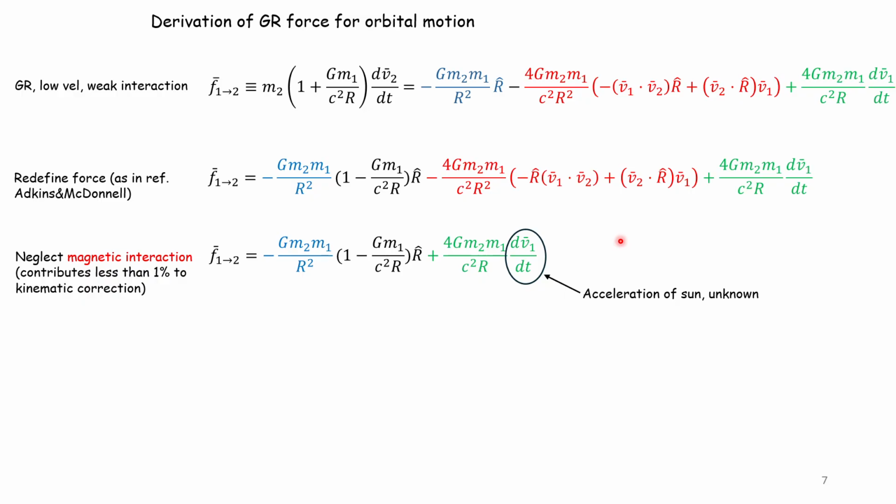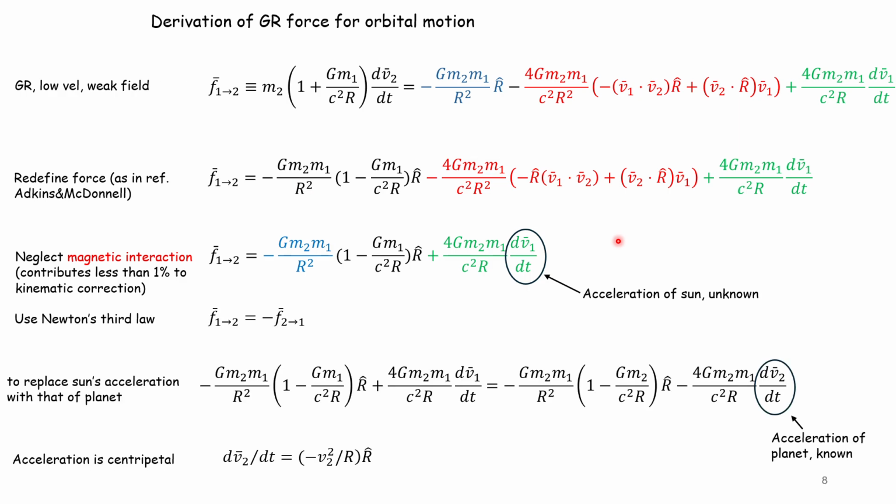Well, we can use Newton's third law. So we apply Newton's third law. This formula here is written out for our force. It's written out here. And then instead of the acceleration of the Sun, we have a right-hand side acceleration of Mercury.